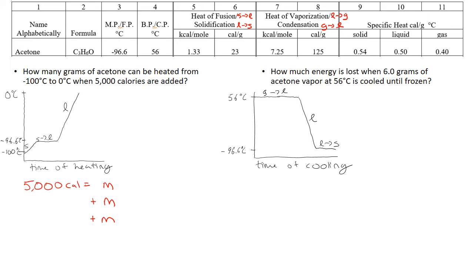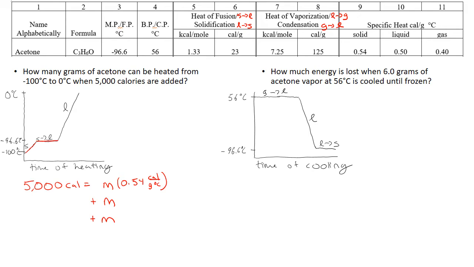The next part of the equation is going to be something off of your reference table. If we look at the first segment here, we can see that we have a solid. So I'm going to look up the word solid, and we've got 0.54 calories over grams degrees Celsius. Write that down. For the next segment, we have solid to liquid.